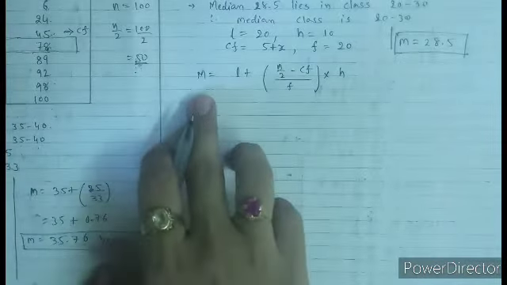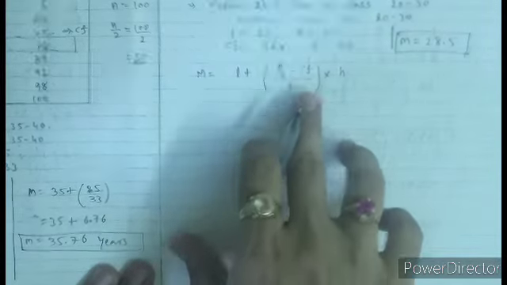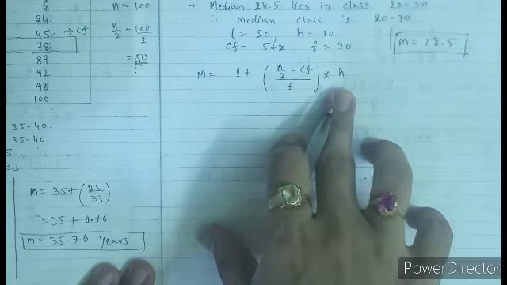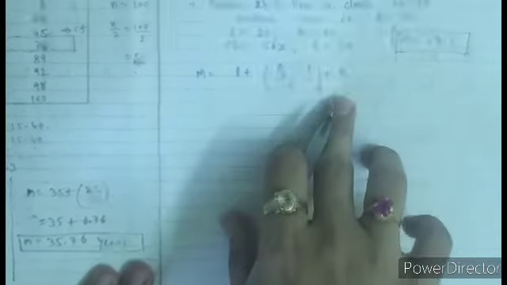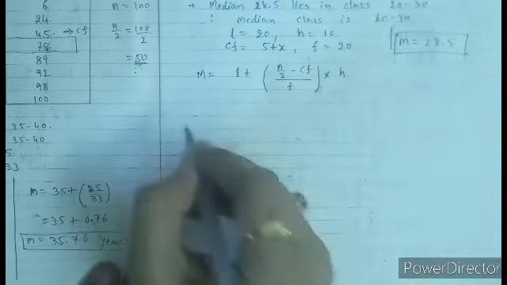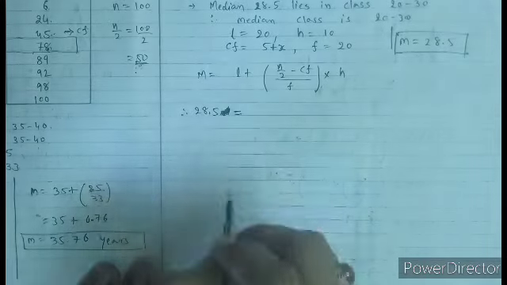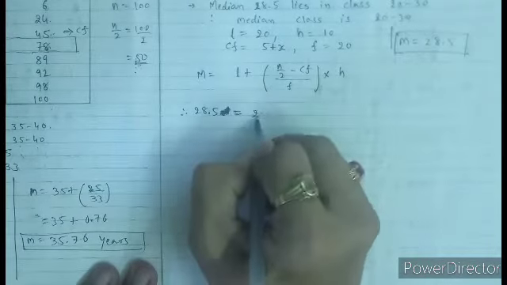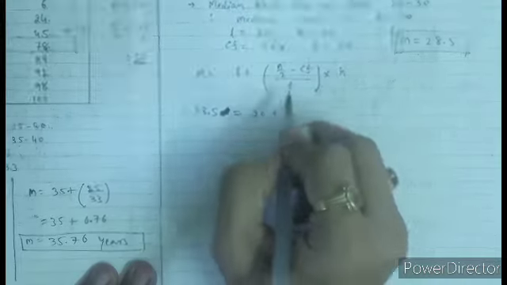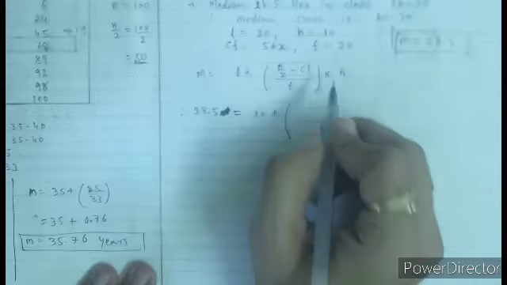As we know, the formula for median is m equals L plus [(n by 2 minus CF) upon F] multiplied by H. Here let us apply all the terms which we know. Here m is the median, 28.5. So 28.5 equals L, which is 20, plus [n by 2. We have obtained already n by 2 is 30.